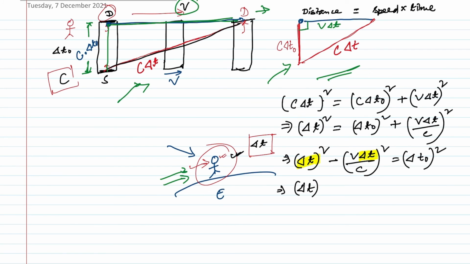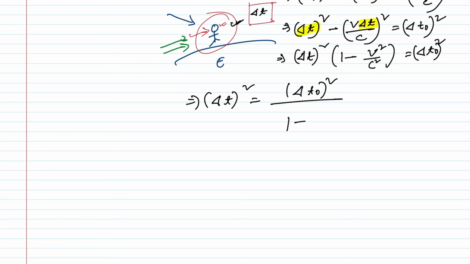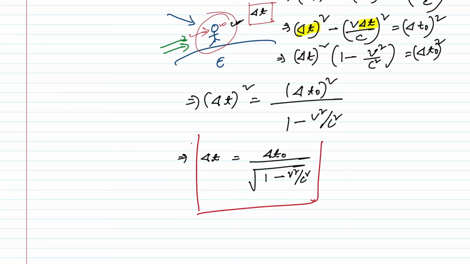If you do so, you will get delta t square into (1 minus v square by c square) is equal to delta t naught square. So now if you simplify this, let me scroll down the page. You will get delta t square is equal to delta t naught square by (1 minus v square by c square), and taking square root on both sides, you will get delta t is equal to delta t naught by root over (1 minus v square by c square), and this is the required expression for time dilation.